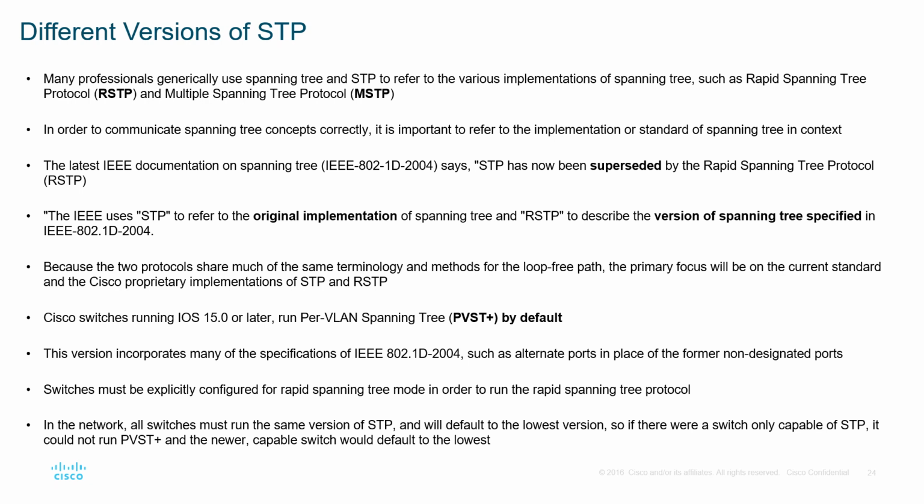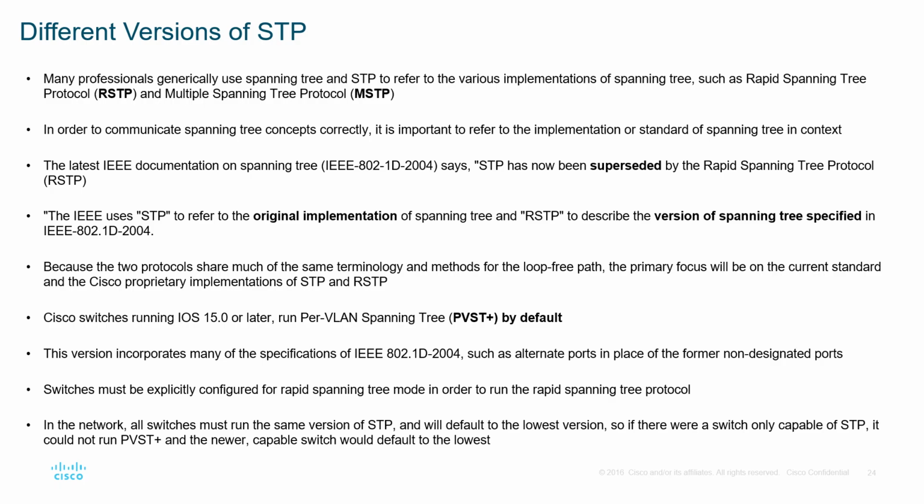RSTP is used to describe the version of spanning tree specified in IEEE 802.1D-2004. Because the two protocols share much of the same terminology and methodology for loop-free paths, the primary focus will be on the current standard and the Cisco proprietary implementations of both.